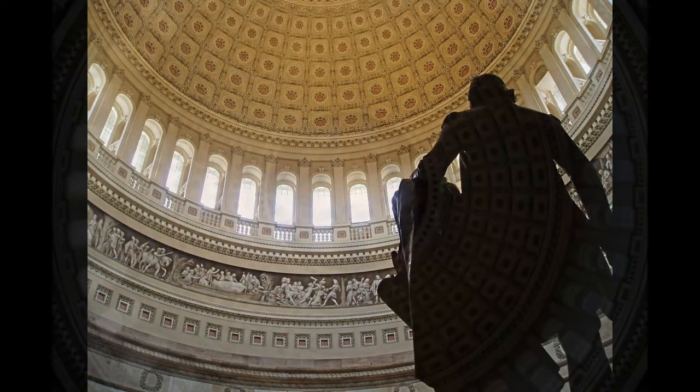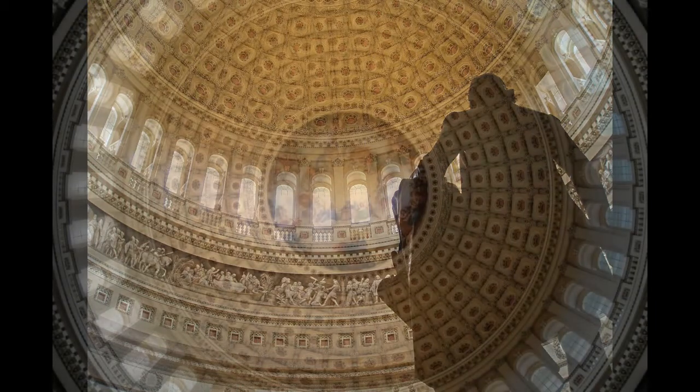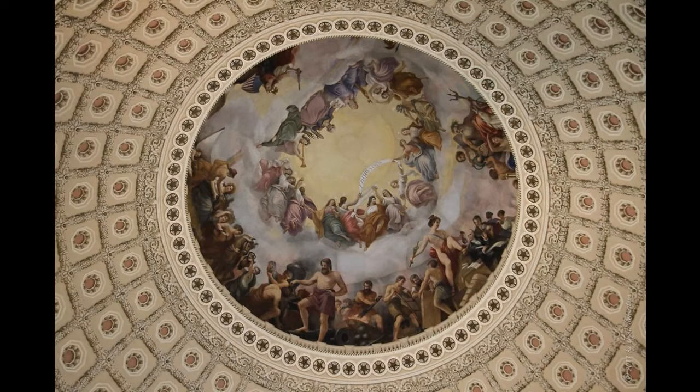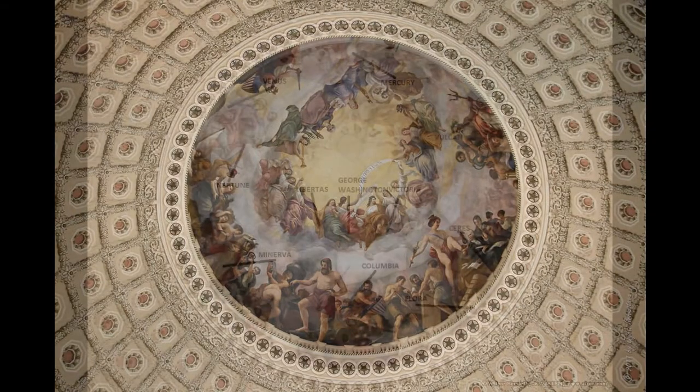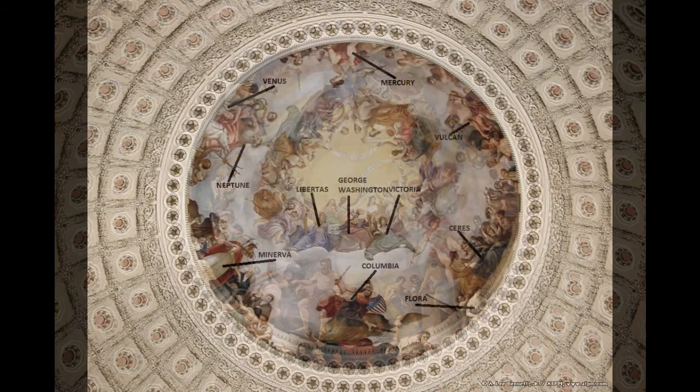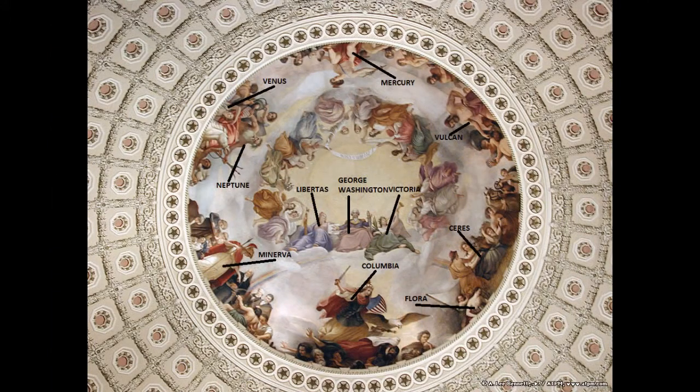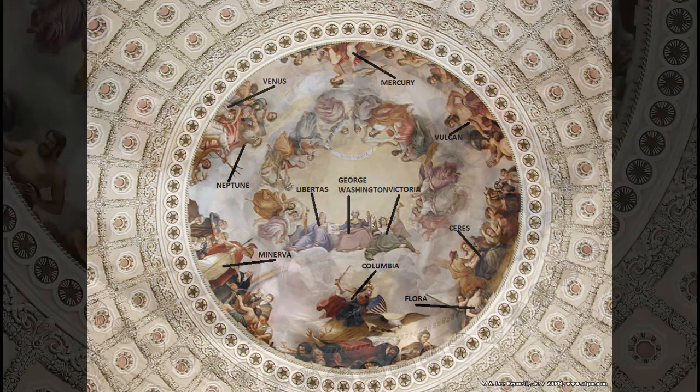As we start to look up towards the dome, number is so important. Whether you're talking about Platonism or Pythagoreanism, number is at the essence of this, geometry especially. So here we see what's called the Apotheosis of George Washington, the painting at the top of the dome. And apotheosis is essentially like becoming a god.